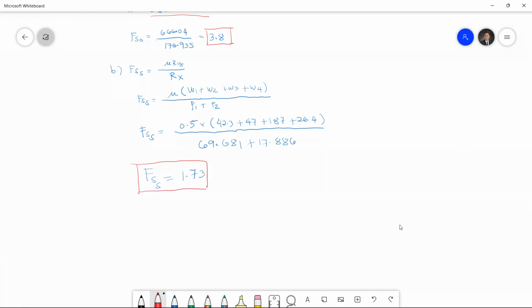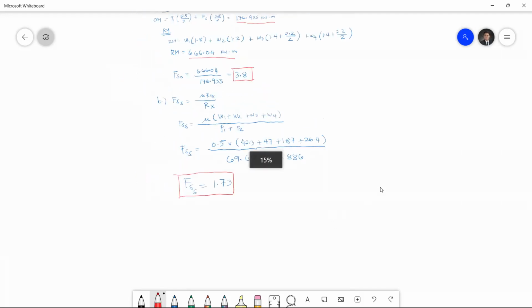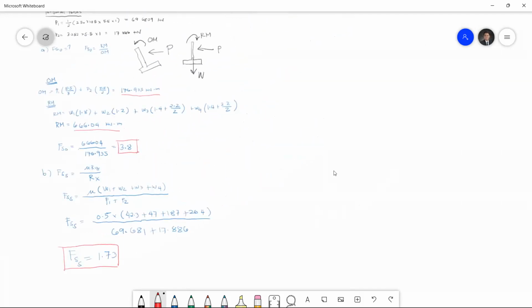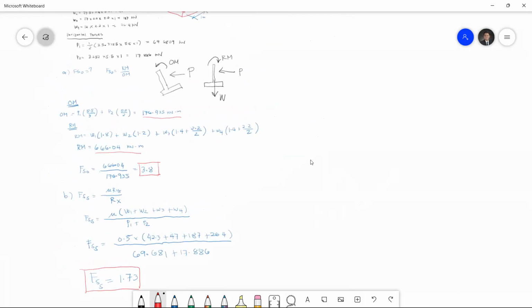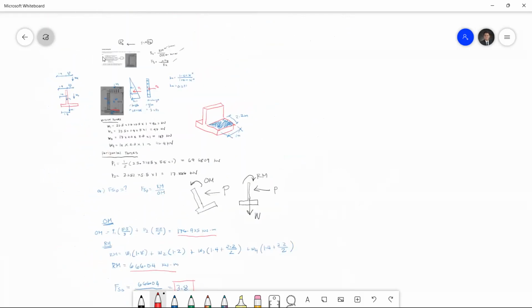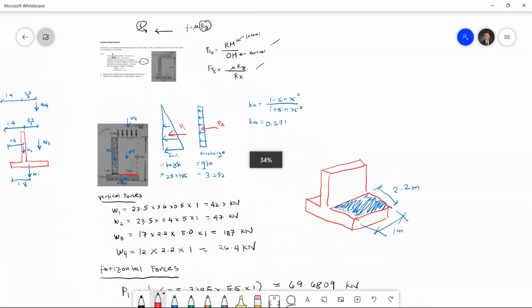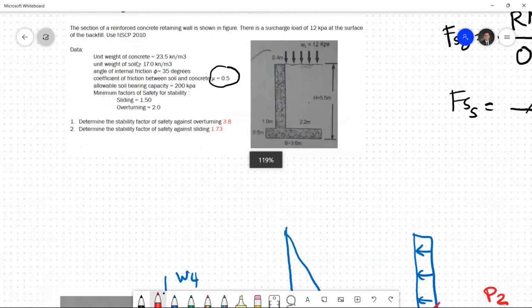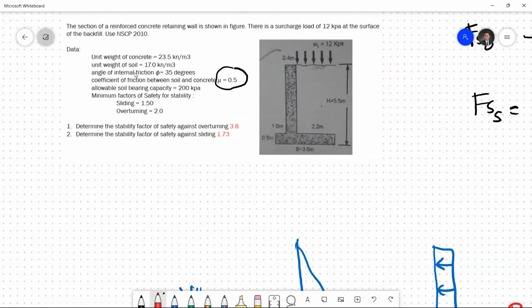Okay, so ganyan lang po yung pagsosolve for the lateral cantilever retaining walls. Okay, so additional problem, what if we need to check if our cantilever retaining wall is adequate or not.